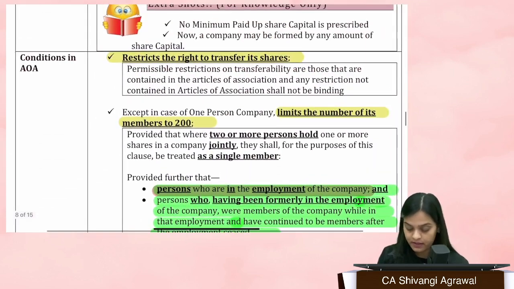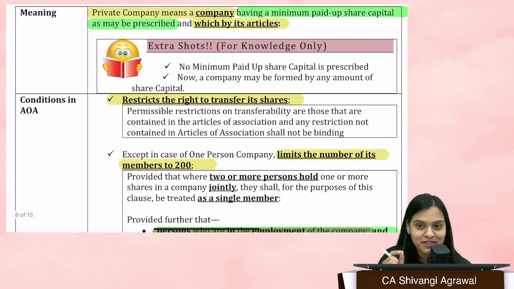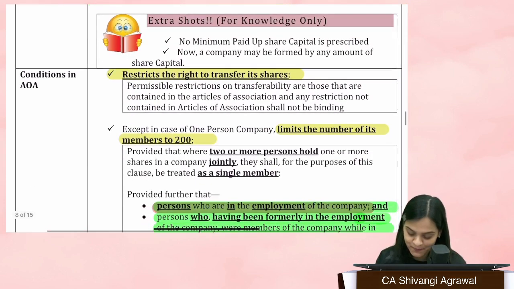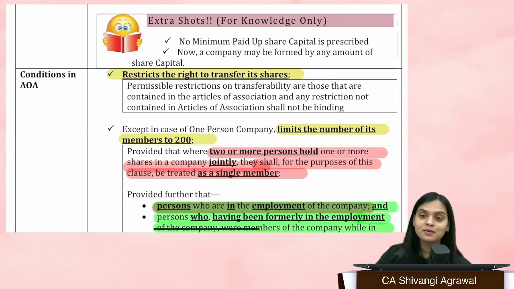Clear? Okay. Now there is one more angle. The last angle that we have to read in this particular definition is that where two or more persons hold one or more shares in a company jointly, they shall, for the purposes of this clause, be treated as single members.